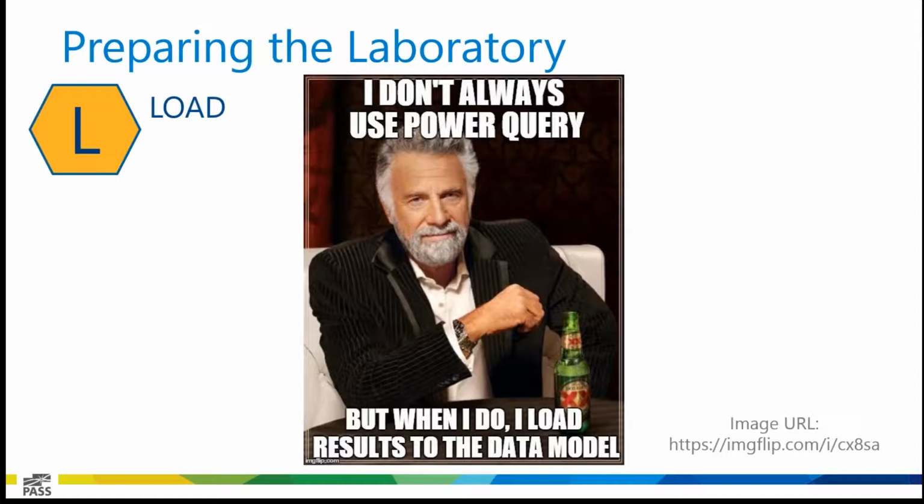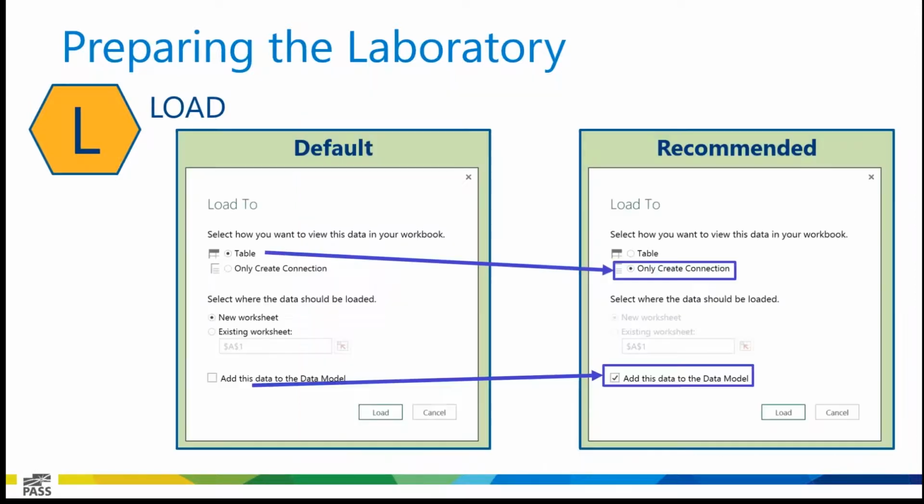So you have a lot more freedom in dumping into the data model instead of just to a worksheet in Excel. The default, at least at this point, is that Power Query will default to wanting to load it to a worksheet. You can actually change that default behavior, and I'll show you how to do that really quick, so that you're not going to a worksheet, you're just going to the data model.